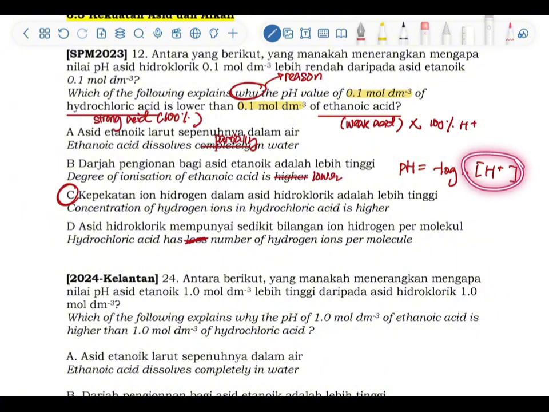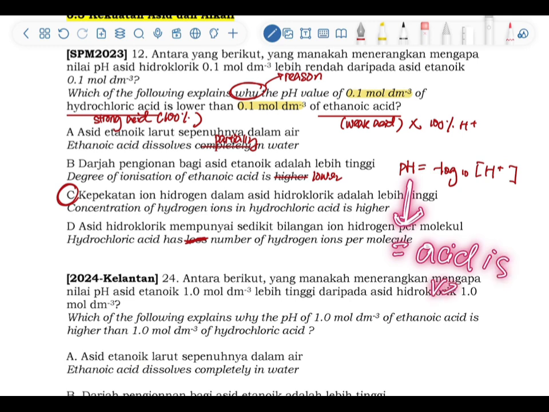So when the concentration of the hydrogen ion is high, you will get a low pH value, and this means that the acid is very strong. This is the relationship between the concentration of the hydrogen ions and the pH.